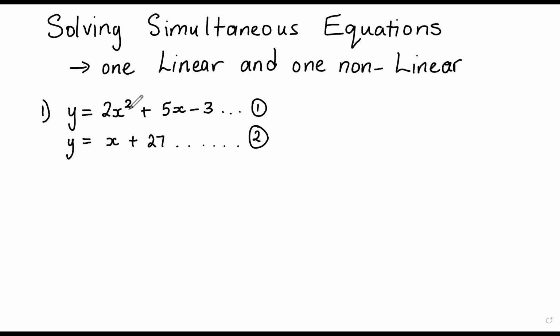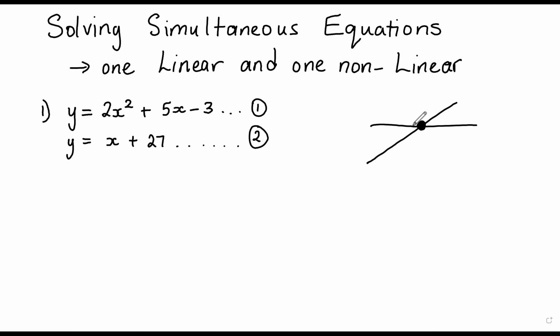Now, all along, when you've done simultaneous equations before, you've only worked with linear equations, but you can also find the solution to a pair of simultaneous equations when one is not linear and the other one is, right? Just like with simultaneous equations, if you have two linear equations, the solution is basically the point of intersection of the graphs of the two equations.